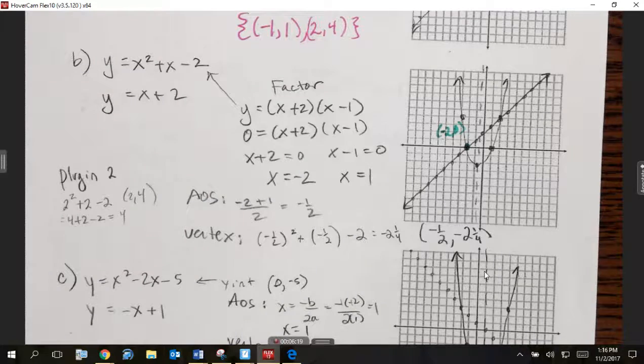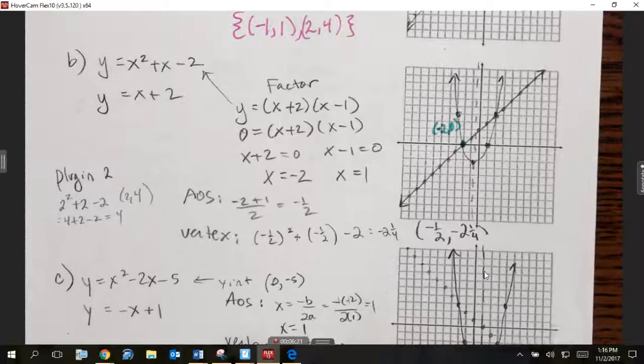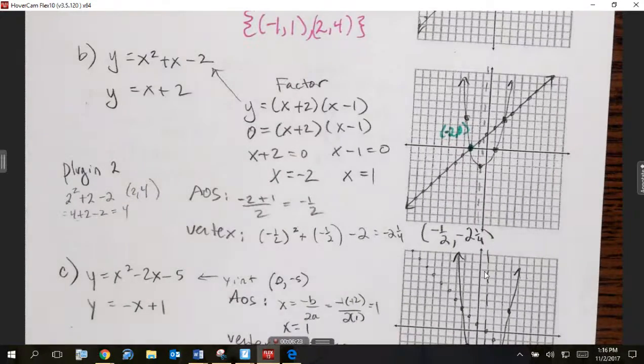Matt, where's another one you think? What are the two graphs cross? -2, 0. Oh, we did that one. Kind of light, but I did that one. So where else do the two graphs cross? The line in the parabola.